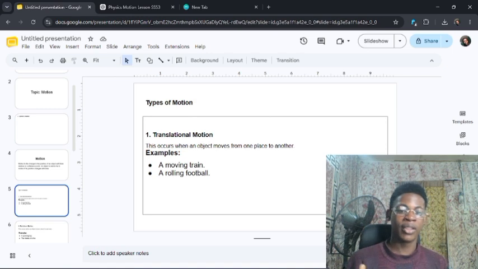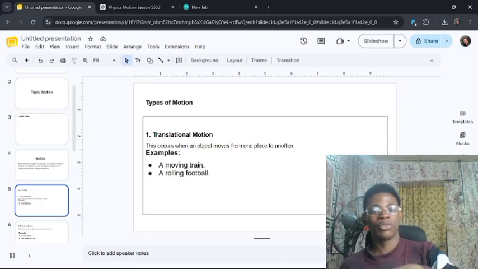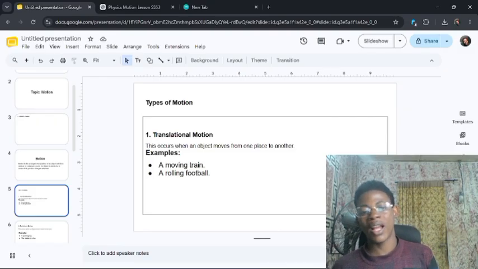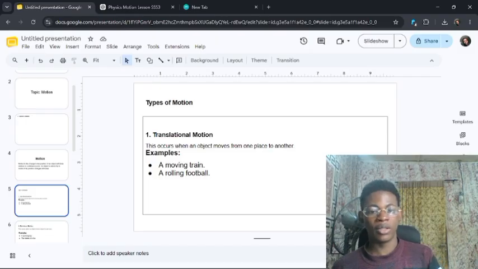We also have a rolling football, which is also translational motion because it is moving from one place to another. Another example is a boy walking to school.